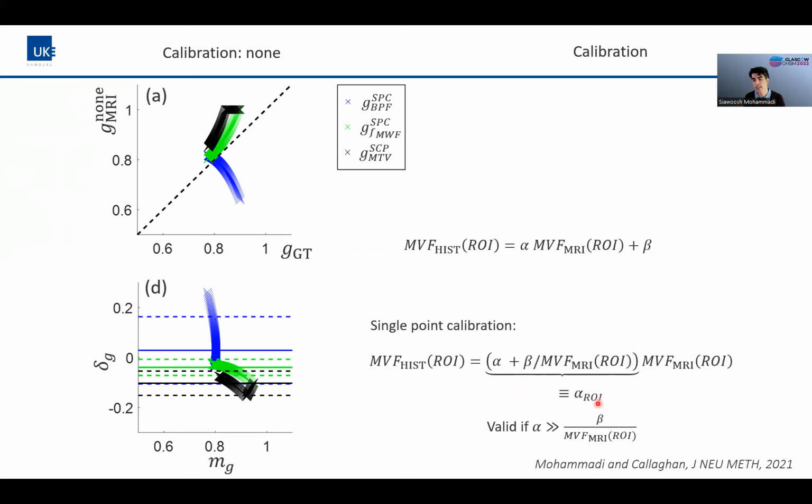This is only a scaling effect which is independent of the myelin volume fraction if this term alpha is much larger than this ratio here. And then we can estimate the scaling factor, which is sufficient to relate the MR-based myelin volume fraction to the histological one, and from that also to correct for the G-ratio, of course.